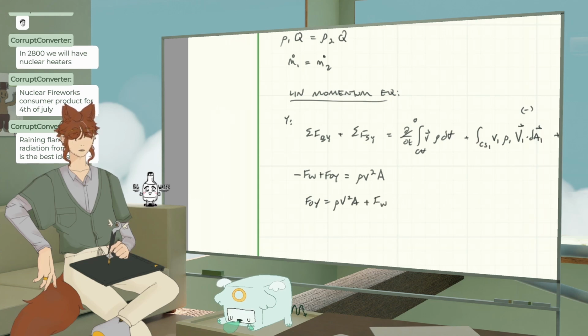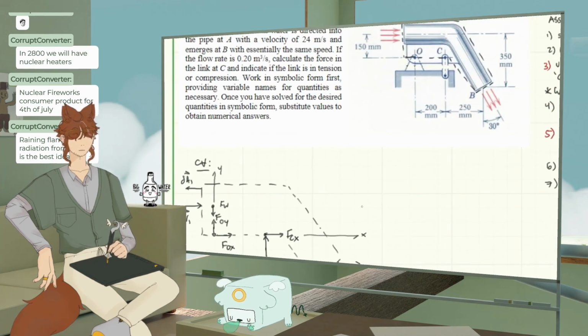Now, I guess we could figure out the weight of the water. Probably. We know velocity and we know flow rate, so we could figure out an area, if we assume there's uniform velocity over the surface. We're not given a diameter.